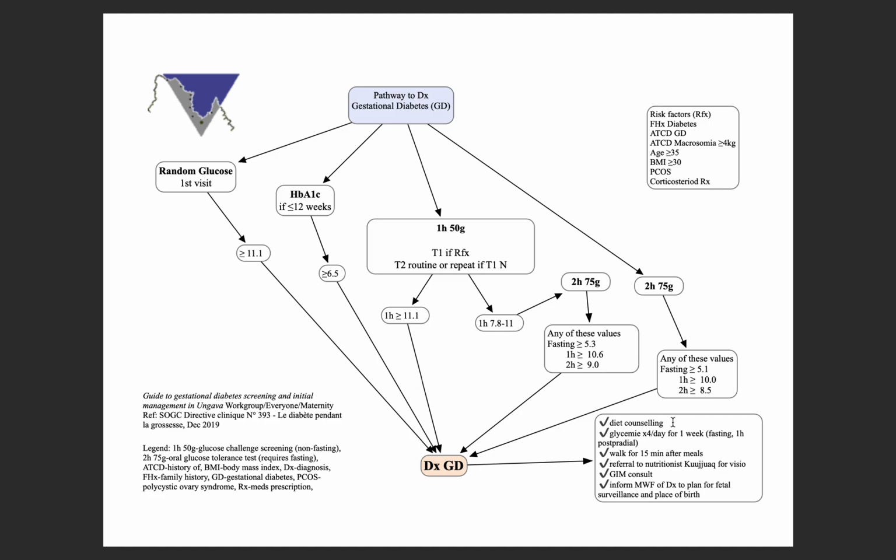So what you want to see is a bit of protein with every meal. So no quote unquote naked carbohydrates. So the carbohydrates should be eaten in the presence of protein and in the presence of fat. And that basically dilutes them so they don't surge into the bloodstream, causing these high peaks, which aren't good for the baby.